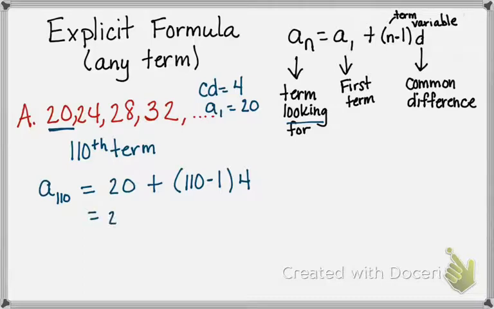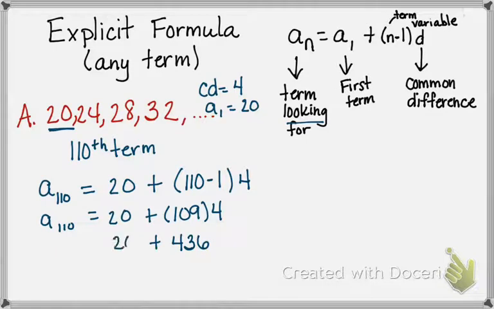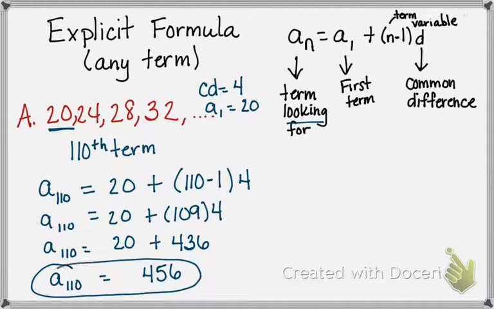Obviously 20 can stay. 110 minus 1 gives us 109 times 4. So now we've just simplified down the one spot. Now 109 times 4 gives me 436 plus my 20. And then further, when I put 20 plus 436, I get 456. So in this sequence, if I'm looking for the 110th term, it will be 456.